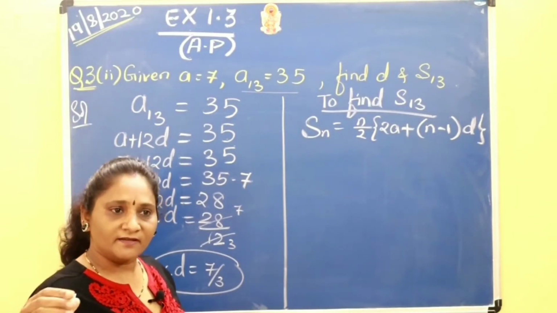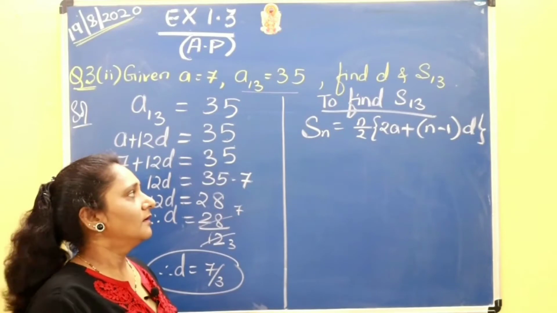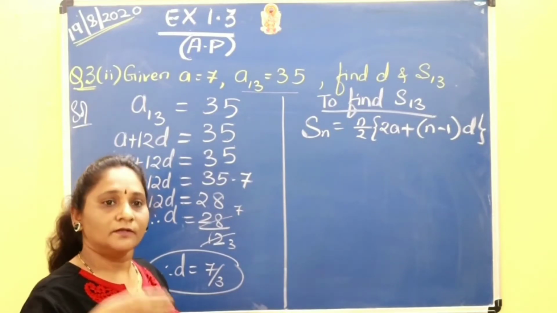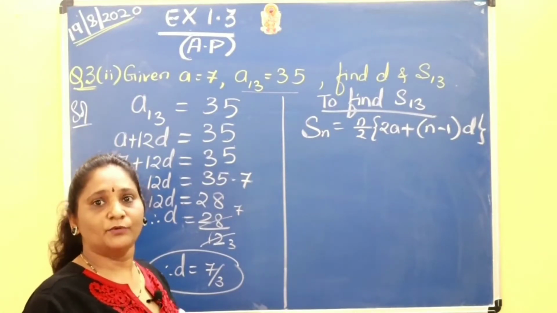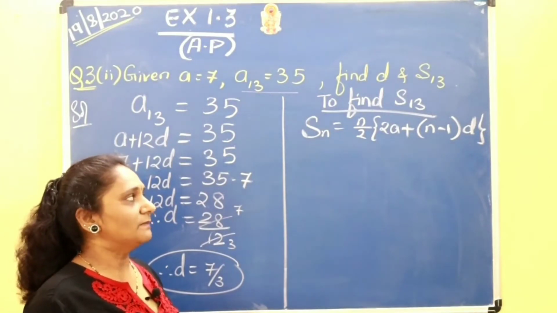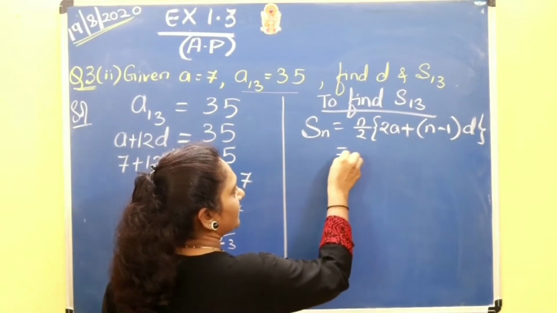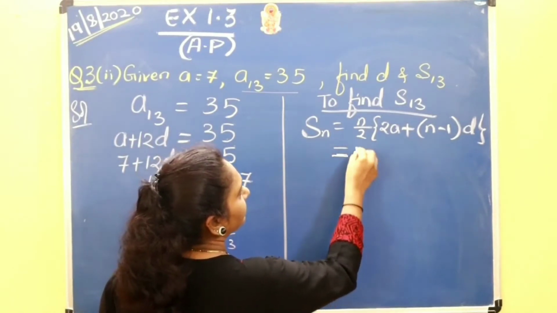Every time you write this, pronounce it, say the formula orally. When you say the formula, automatically you will learn it by heart. Sn is equal to n by 2 into 2a plus n minus 1 into d. Every time you have to say this. It will be easier for you to remember.